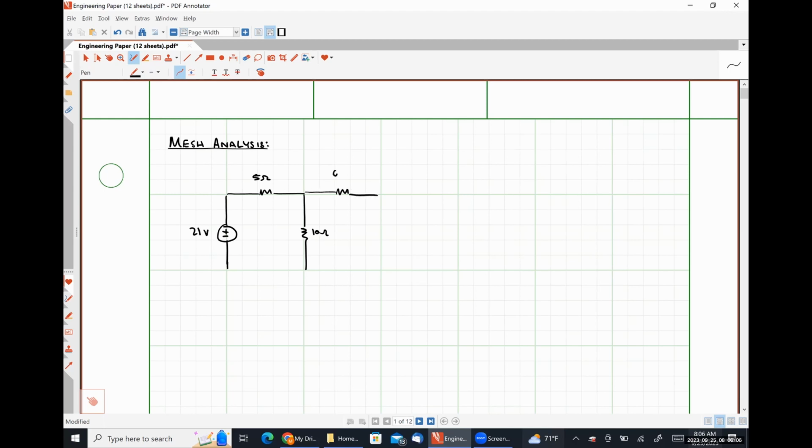Let's make this guy an 8-ohm resistor, 20-ohm resistor through which a current IX flows, a 7-ohm resistor, and then let's make this a dependent voltage source, positive polarity on the bottom, and let's call this 3IX. Like so.